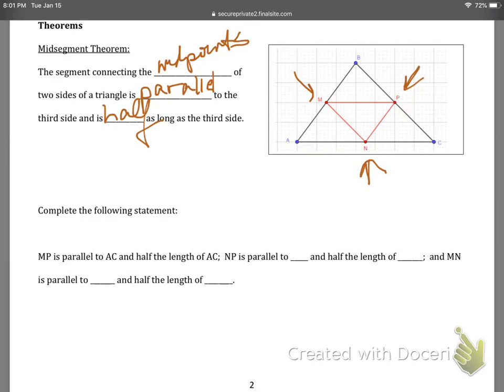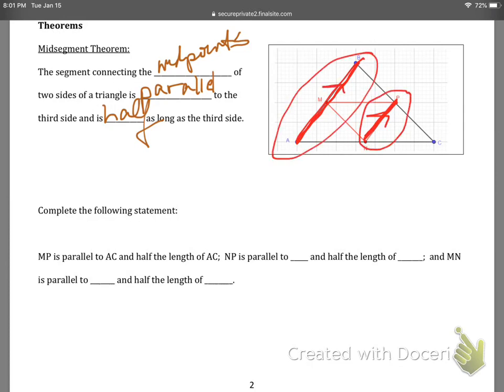Okay, so let me go back again. We'll do another one. Okay, so I'm going to change my color, and this is a mid-segment right here. This mid-segment is parallel to this segment of the triangle, and besides being parallel, this piece right here is half the length of this piece.